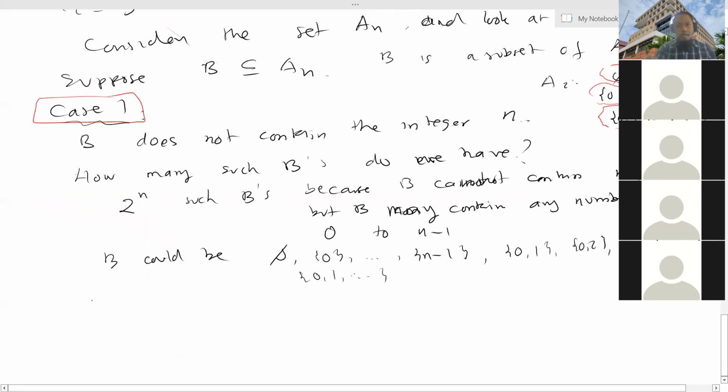Now for the second case, b contains the consecutive numbers.